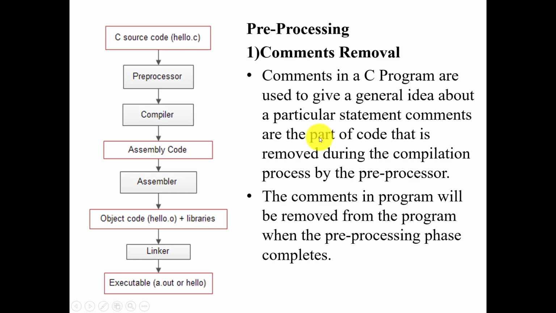By using comments we provide some information, but it is not itself a part of the code, so it is removed during the compilation process by the preprocessor. So the responsibility of the preprocessor is to remove the comments. The comments are removed from the program when the pre-processing phase is completed.